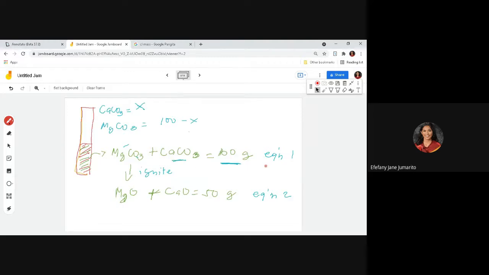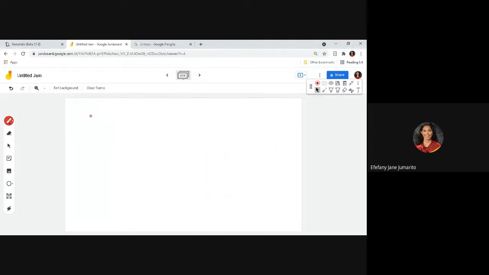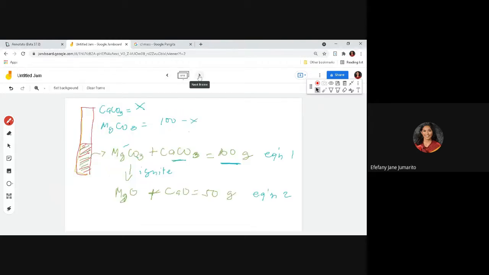MgCO3. Okay, equation 1. And then we have equation 2. 50 is equal to MgO plus calcium oxide. That's equation 2, right? Then, let's plug in what we have in equation 1.